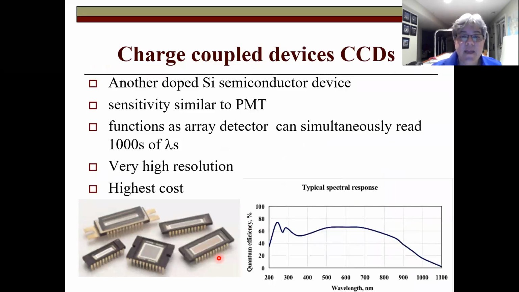Okay, and then there's one last detector. This is called a charge coupled device, or CCD. So this is another semiconductor. And this is similar to the PDA, except this kind of detector is much more sensitive. This is just like the PMT, very, very sensitive. And it can read thousands of wavelengths all at the same time.